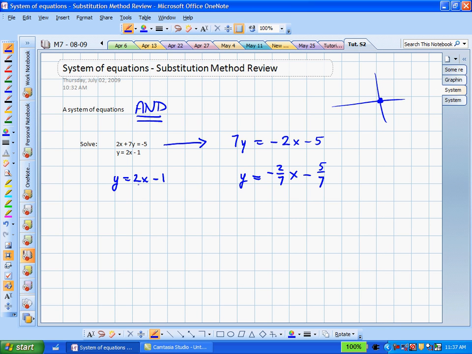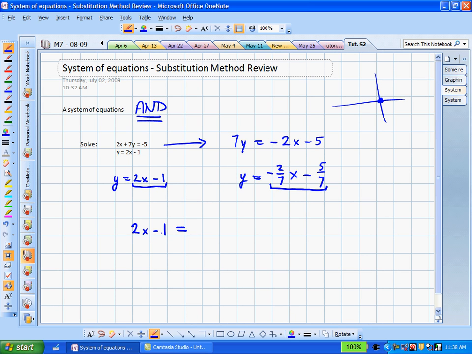Well, the y coordinate is equal to 2 times x minus 1. The y coordinate is also equal to negative 2 sevenths x minus 5 sevenths. So y equals this, but y also equals this. So what do you think? Plot both lines. We could graph this, but we're going to do it algebraically first.